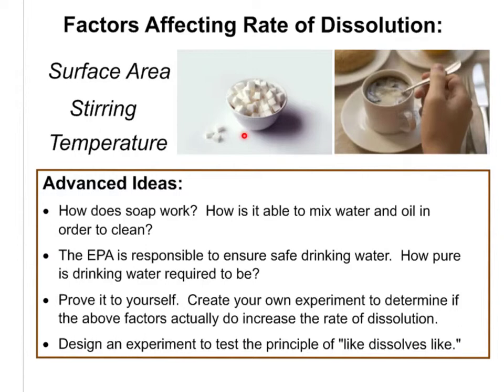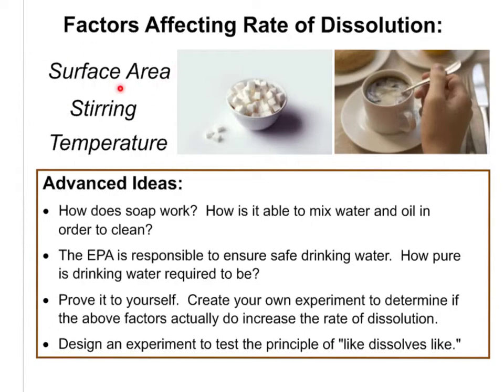Which one do you think will dissolve faster? Well, the crystals of sugar have much, much more surface area than these cubes. These cubes just have those 6 different sides of surface area, and those crystals have a lot of surface area. So increasing surface area will help us dissolve things faster.